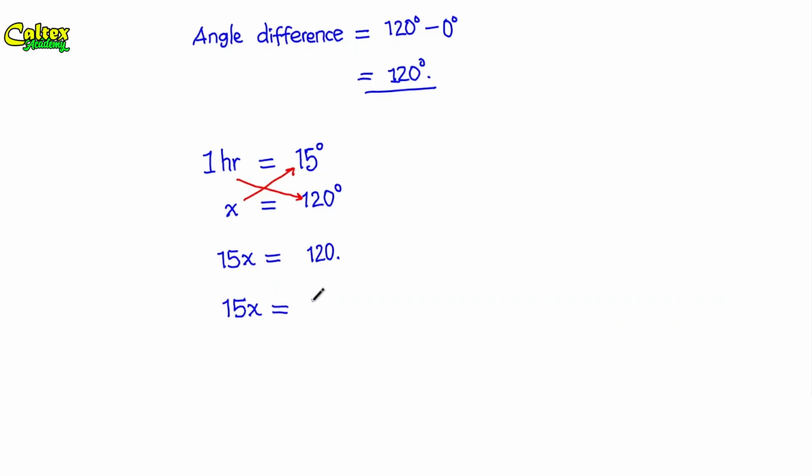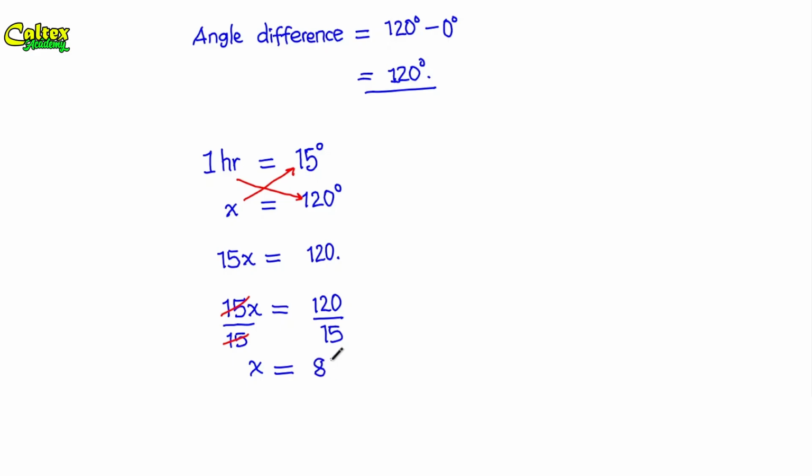So 15x equals 120. Now dividing this by 15, also here by 15, and the 15 here cancels. So we're left with only x, which is equivalent to 8 hours.